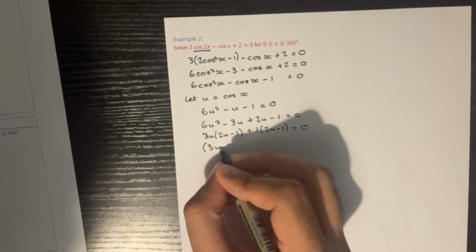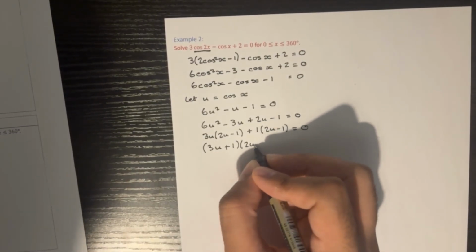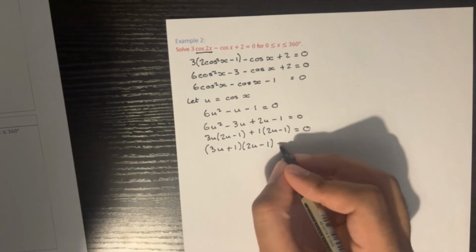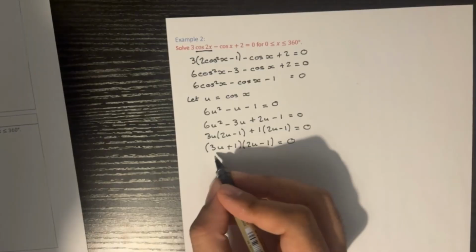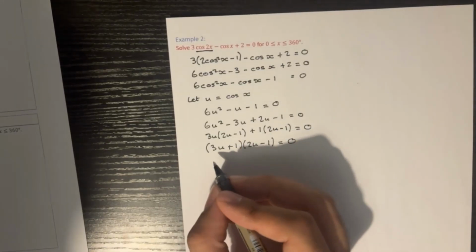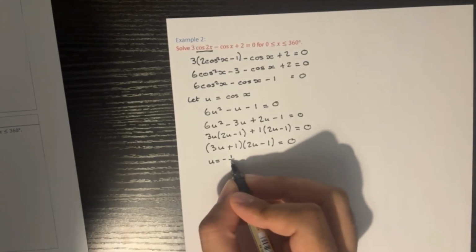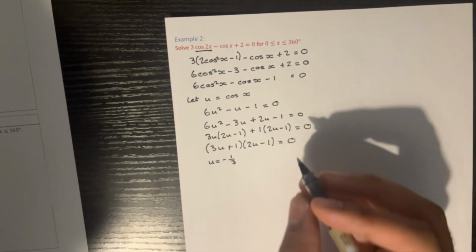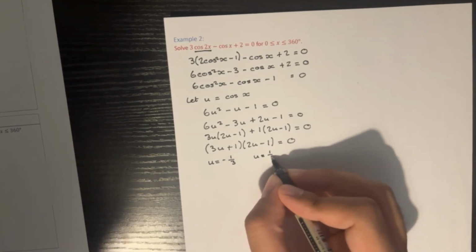So (3u plus 1) lots of (2u subtract 1) is equal to 0. Therefore, this first bracket gives us a solution u is equal to negative a third, and the second bracket gives us a solution of u is equal to a half.